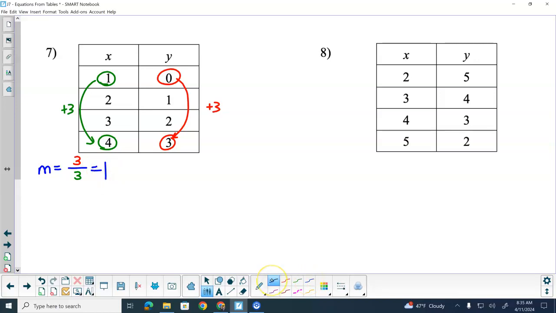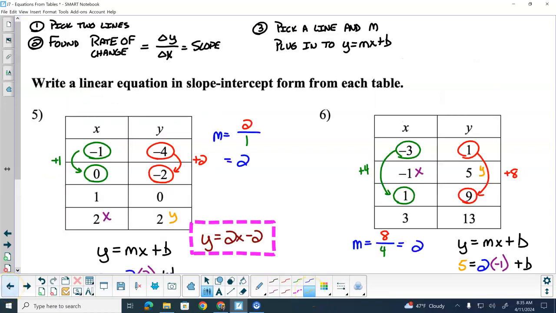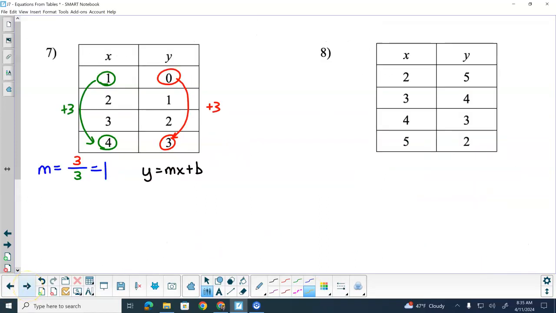Y equals mx plus b. What did we go with the second one last time? We'll go with the third one. Mix it up. Keep people guessing. We'll go y there. We'll go x there.